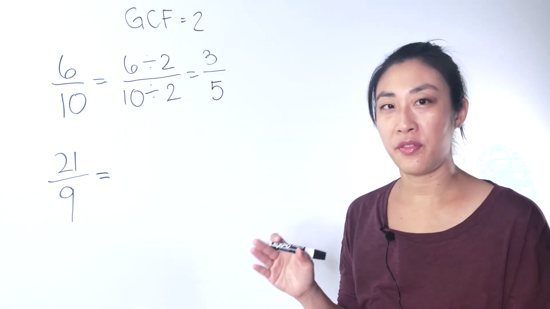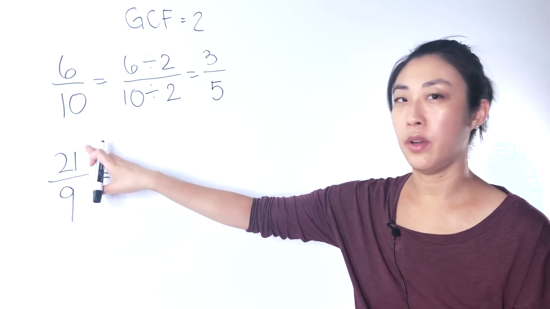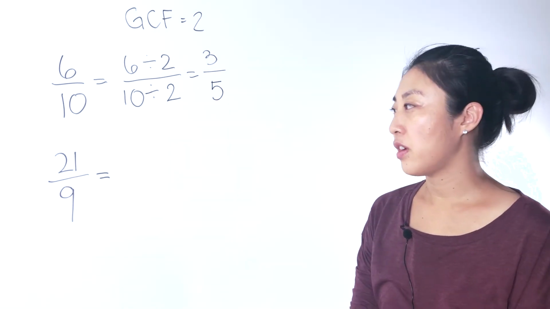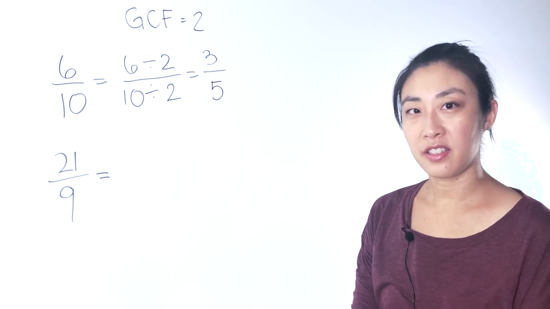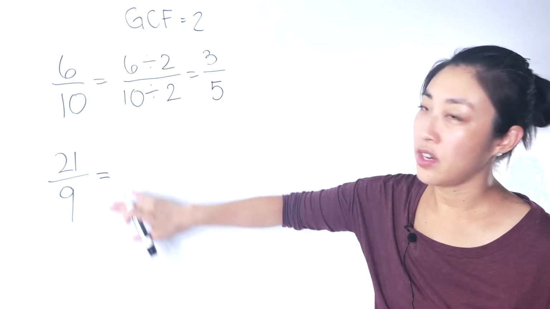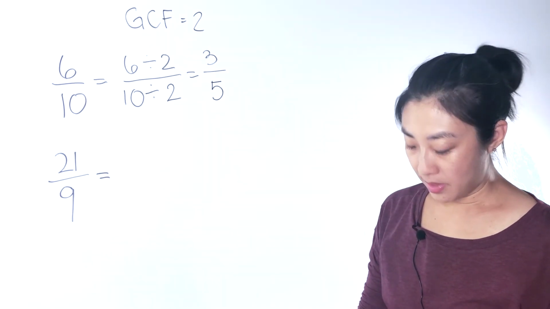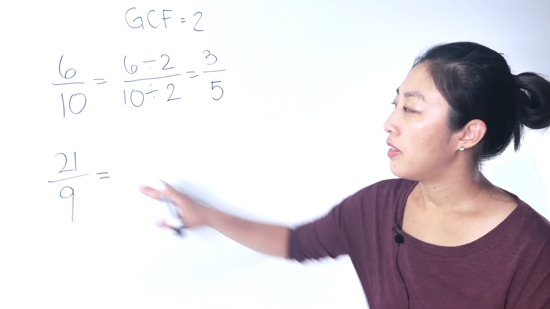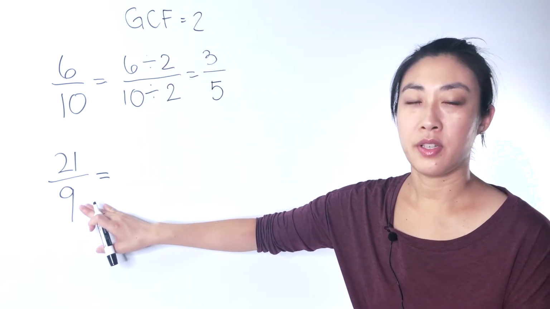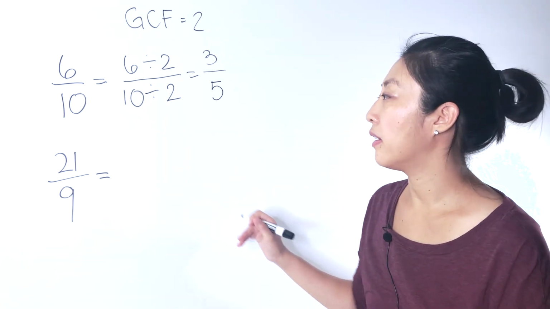The first step is you look at the two numbers, 21 and 9, and you have to figure out what the greatest common factor is. Basically, what is a number that is divisible into both of these numbers? When we look at it, you can see that both of these numbers are divisible by 3. So the greatest common factor is 3.